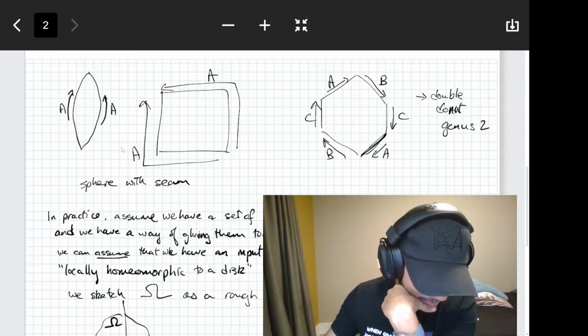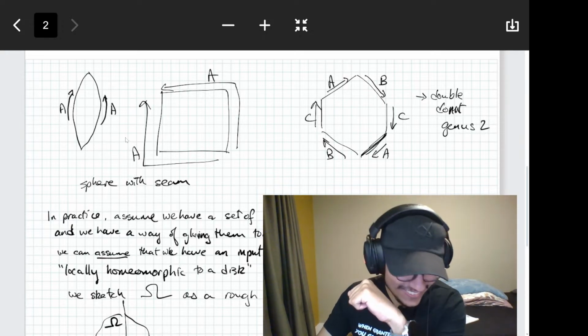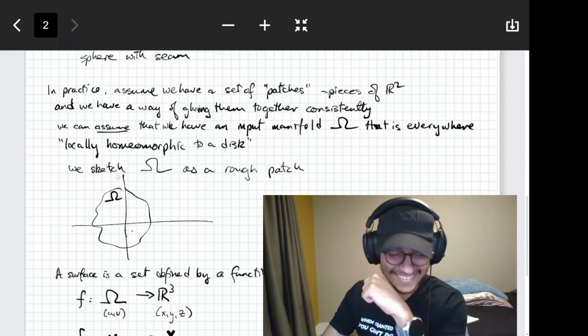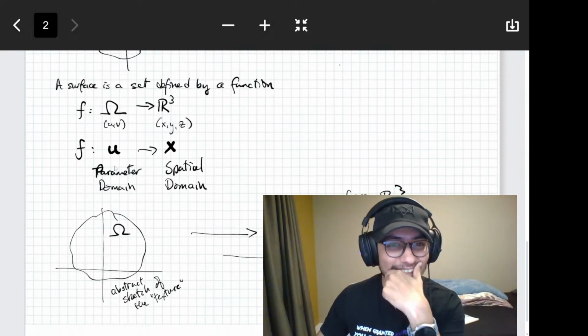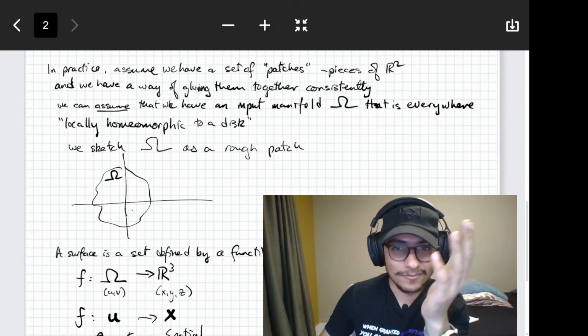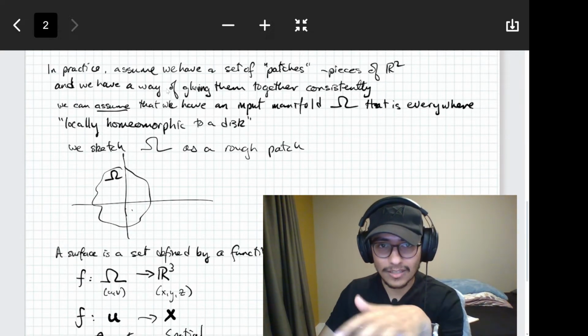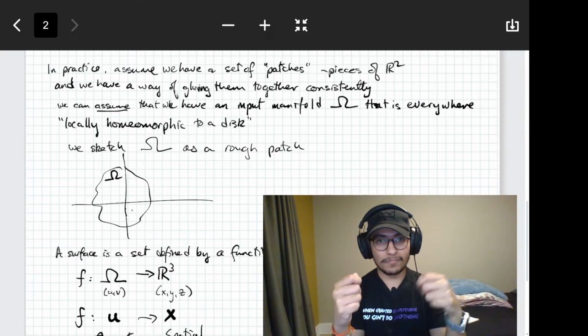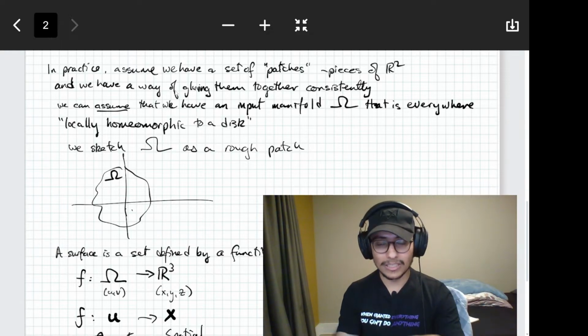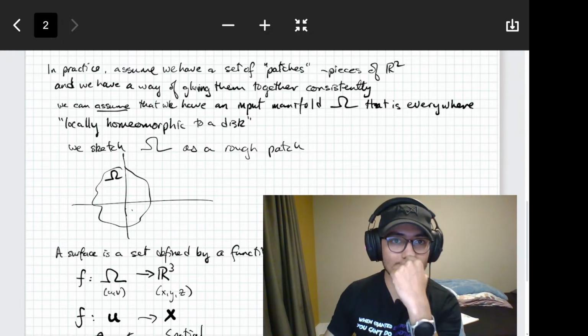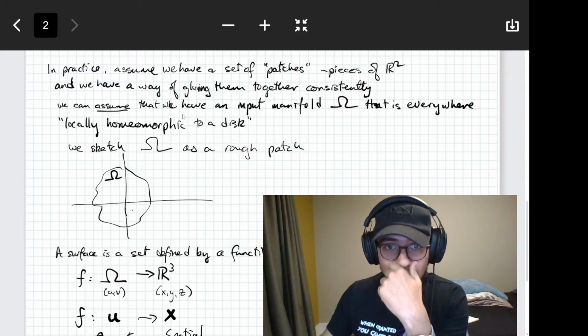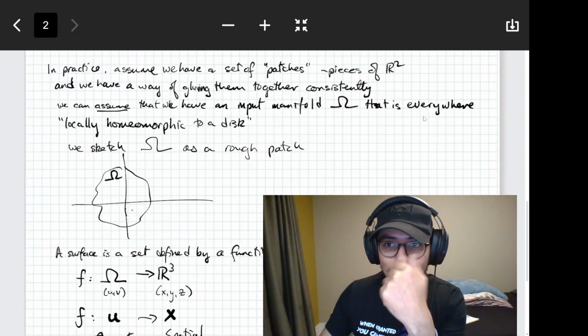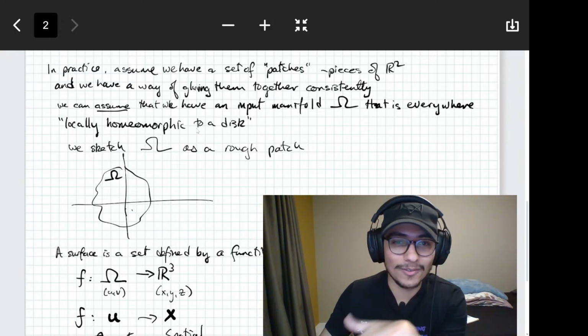Yes, 1-point compactification. So, we just saw how we can glue a piece of 2D paper in multiple ways to wrap it around an object. And we can assume that we have an input manifold omega that is everywhere locally homeomorphic to it.